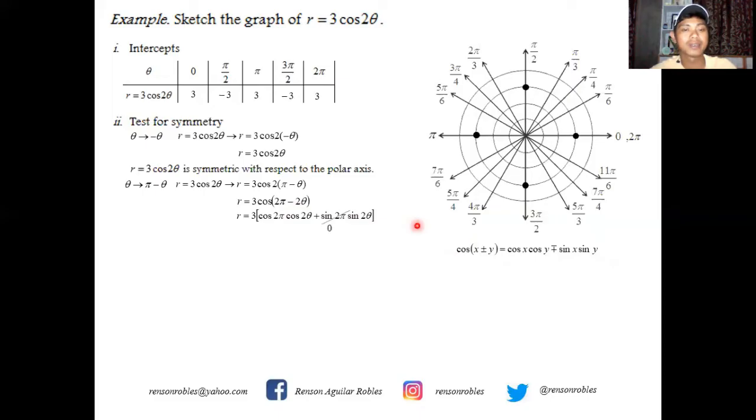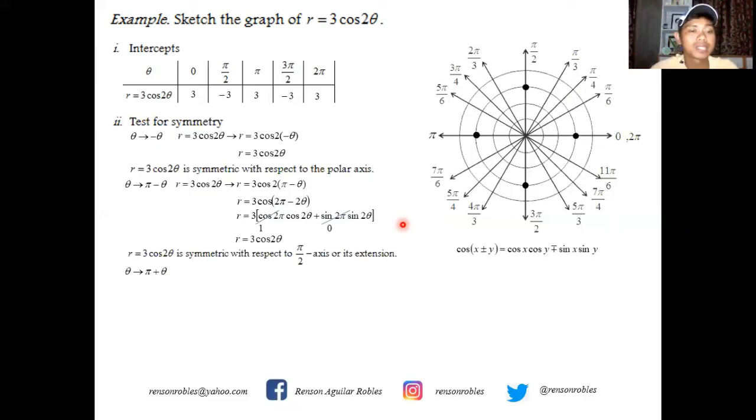And then we know that sine 2 pi is 0, cosine 2 pi is 1. So all this will become 0. So you are only left with 1 times cosine 2 theta times 3. That is 3 cosine 2 theta. So it goes back to the original given. Therefore, it is symmetric with respect to the pi over 2 axis and its extension.